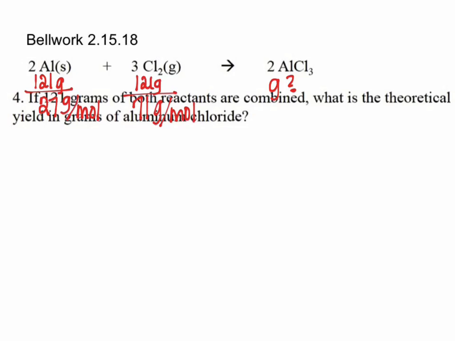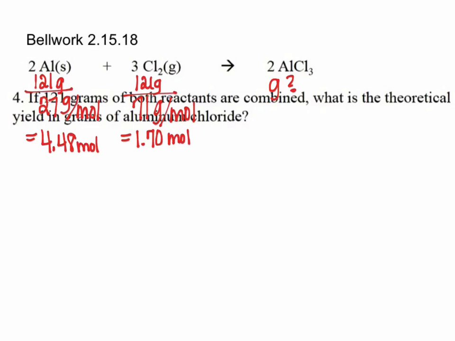So somebody get me those two numbers. 4.48 for aluminum. 1.70, so we'll say 1.70 moles of chlorine.